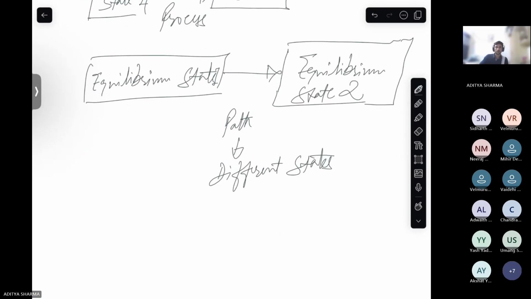This basically is your thermodynamic process, right? And what is a path?